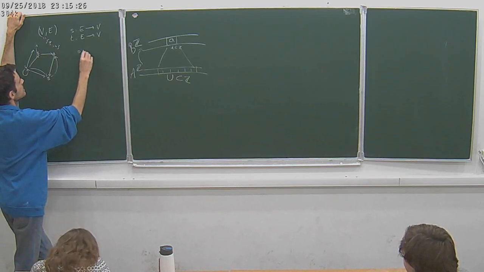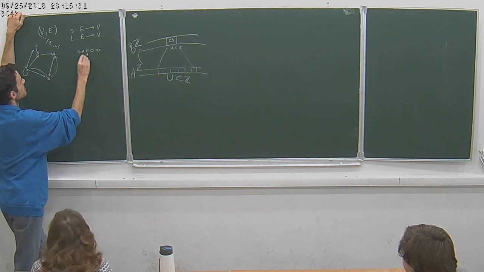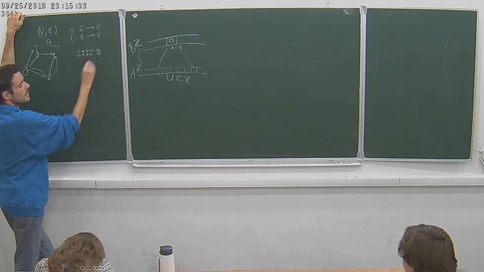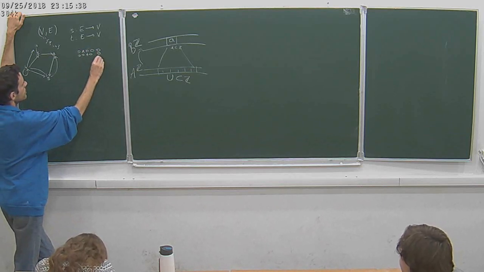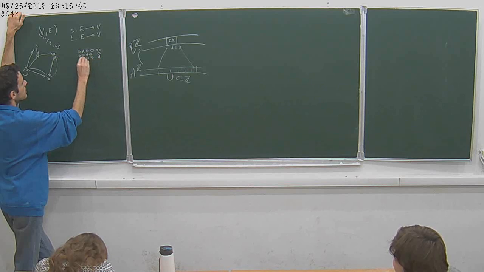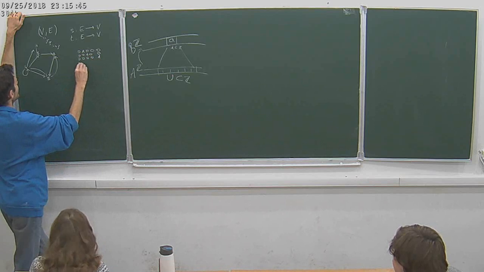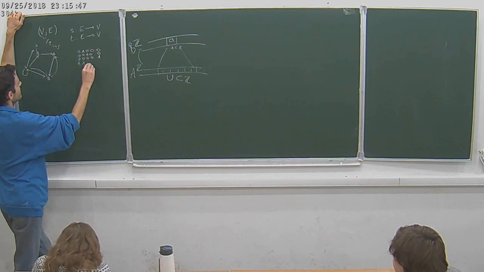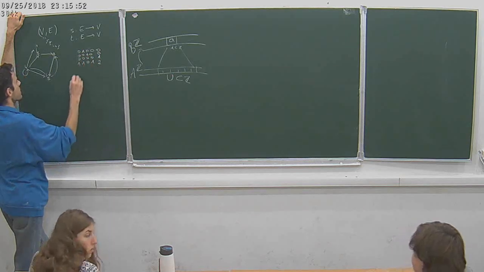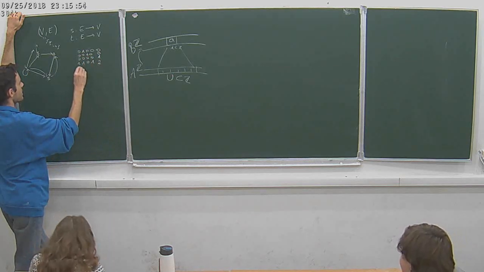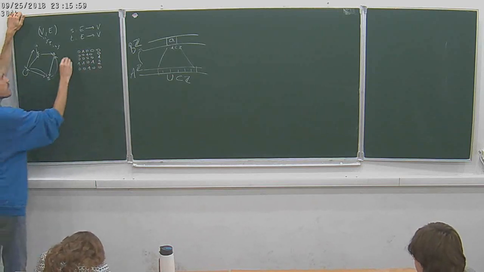To 2. 2 to 3. 2, 5. 4 to 1. 2, 4, and double 5. 8. Okay.